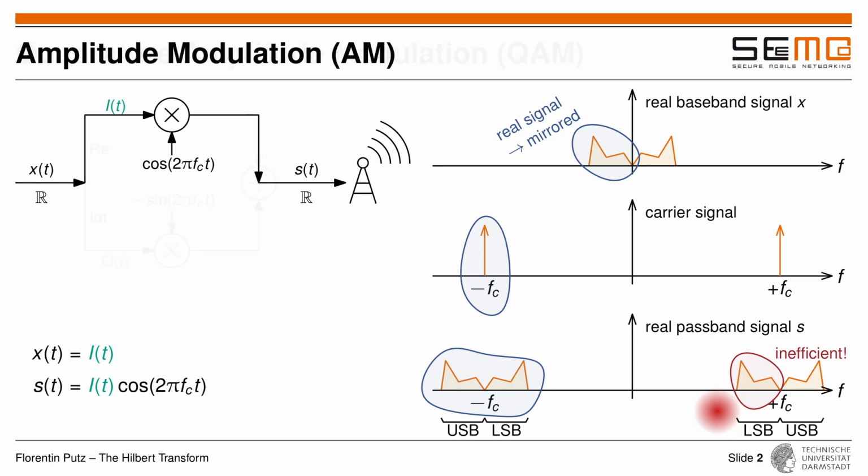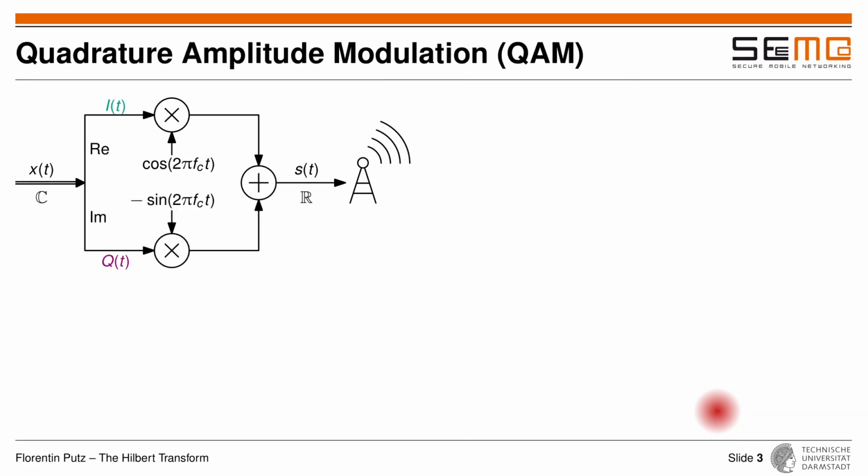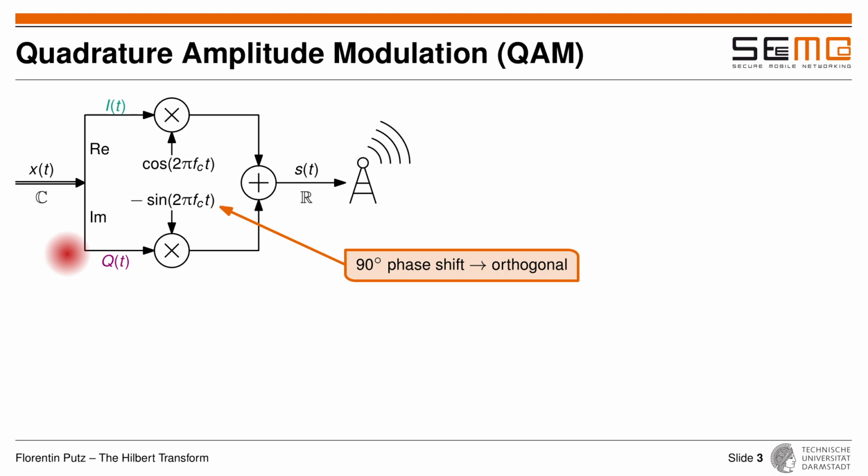Now let's look at Quadrature amplitude modulation, QAM, and let's see what is different here. So you can see the upper part of this is the same as with amplitude modulation, but the lower part is not. This is new, and what happens here is that we use a second carrier wave which is 90-degree phase shifted from the previous one. So because we used the cosine signal before, we now additionally use a negative sine wave, which is 90-degree phase shifted from the cosine wave.